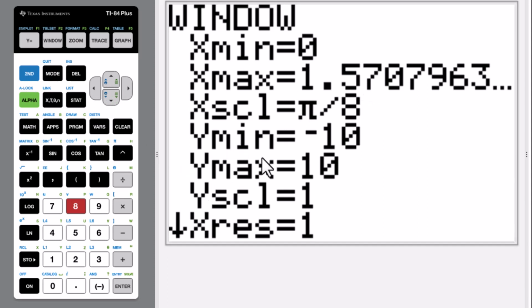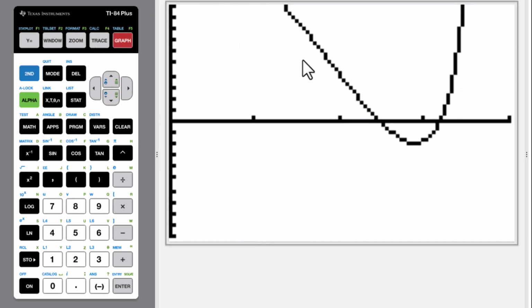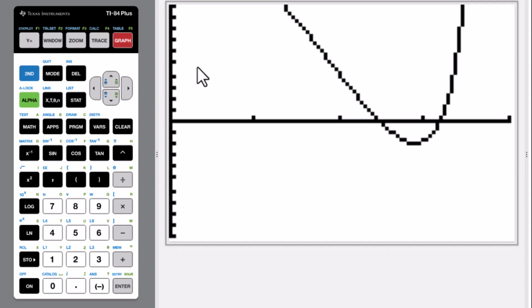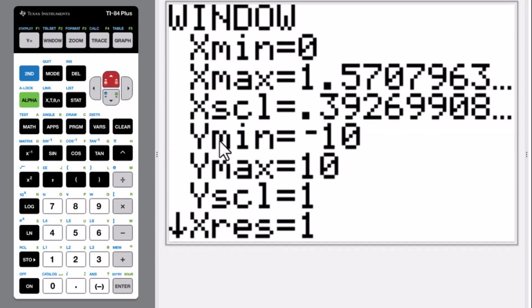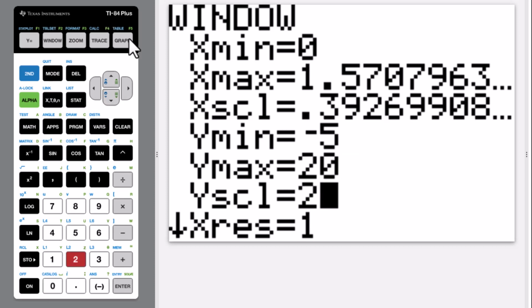We can keep the y like this. Then in your graph, you need to change the window for the y-axis because we cannot find the y-intercept. Go to window. Y-minimum, let's do -5. Y-maximum, let's do 20. Divided by 10 will be 2. So graph.